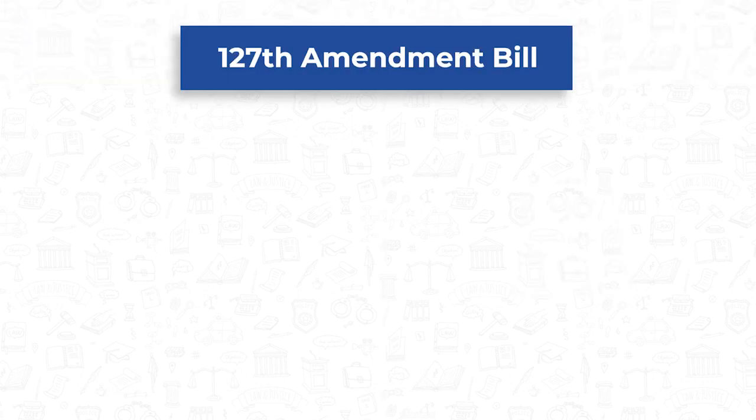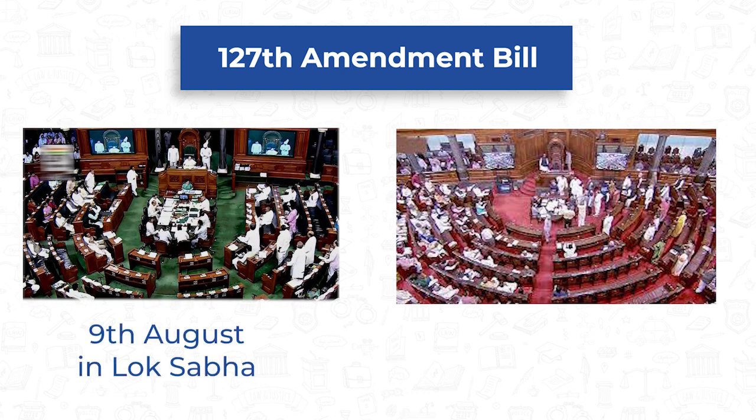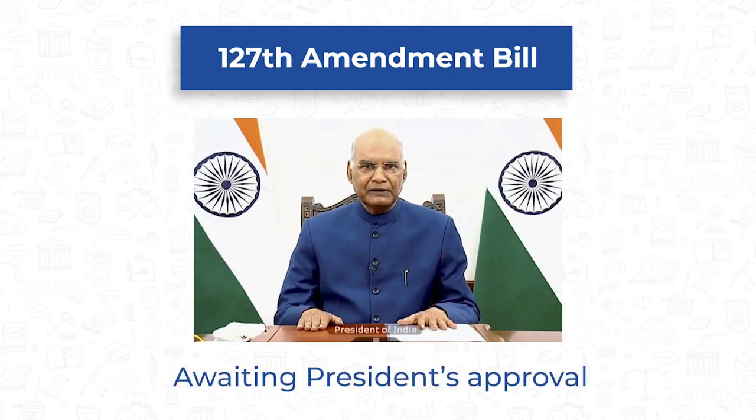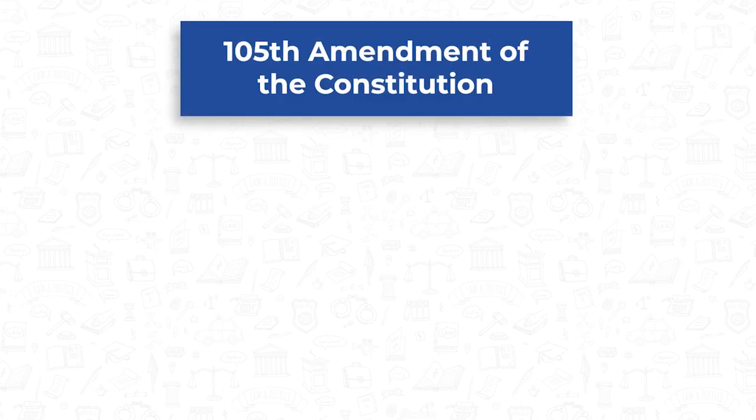So let me tell you that currently this is the 127th Amendment Bill because this has been passed by both houses of the parliament, that is on 9th August by the Lok Sabha and on 10th of August by the Rajya Sabha, but is still awaiting the President's approval. And only after President's approval, it would become the 105th Amendment of the Constitution. Now again a question, why is it the 105th Amendment?